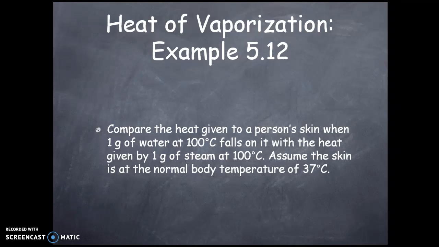So let's look at one of the examples of heat of vaporization. Compare the heat given to a person's skin when 1 gram of water at 100 degrees Celsius falls on it with the heat given by 1 gram of steam at 100 degrees Celsius. Assume that the skin is at the normal body temperature of 37 degrees Celsius.